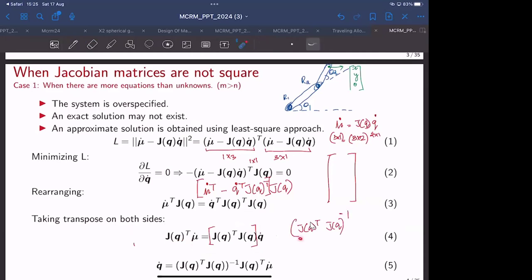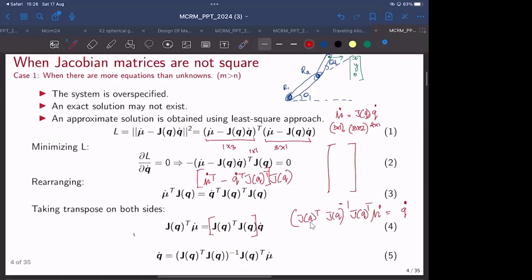Then if I pre-multiply this term with this left-hand side, what will we get? That will be J of q transpose mu dot. This will be q dot. Okay, sir. That is how you get equation 5. Right? q dot equals J of q transpose J of q, the whole inverse, multiplied by J of q transpose mu dot.